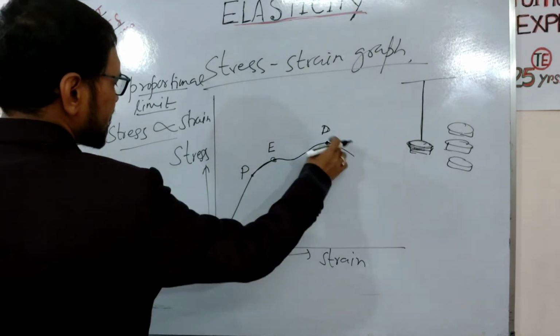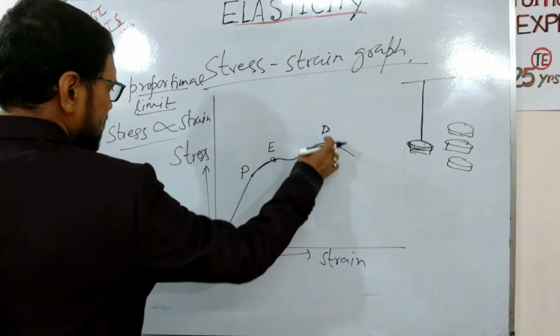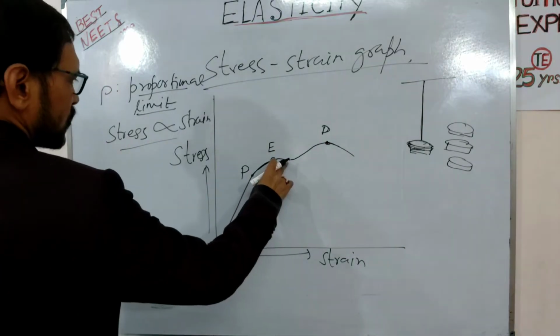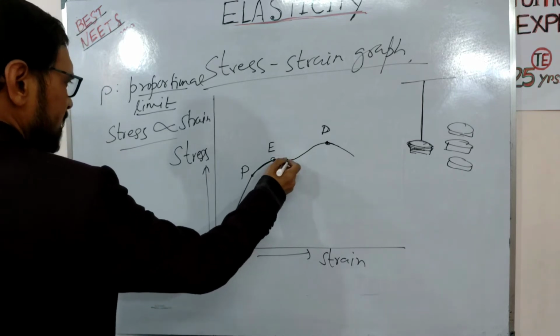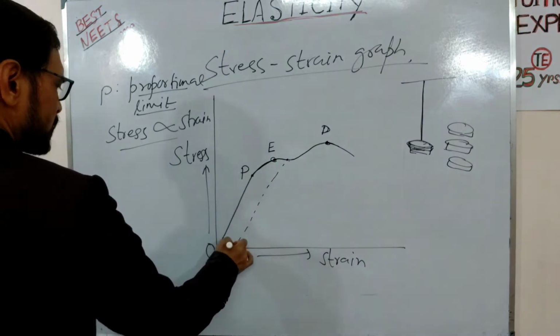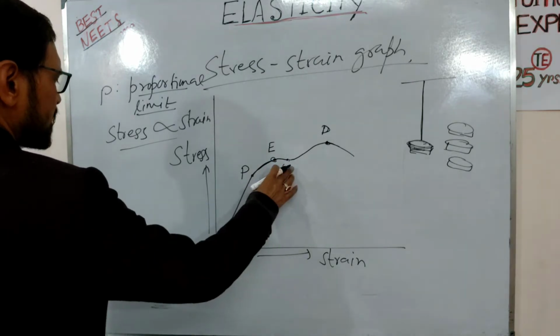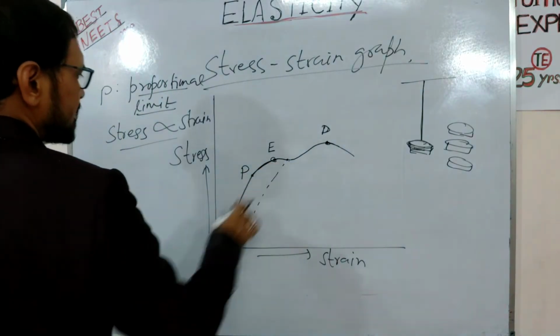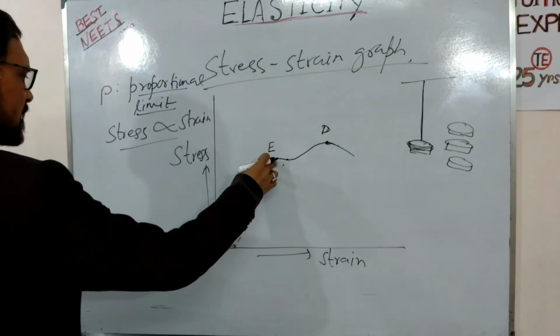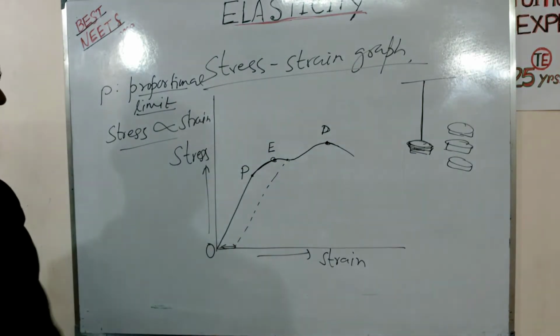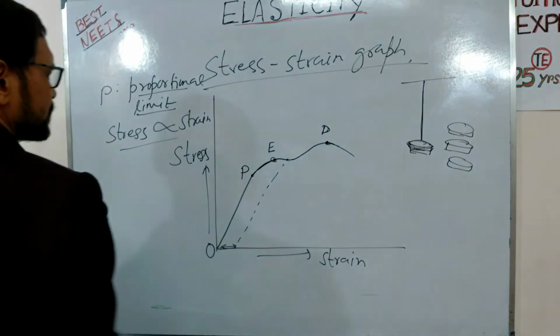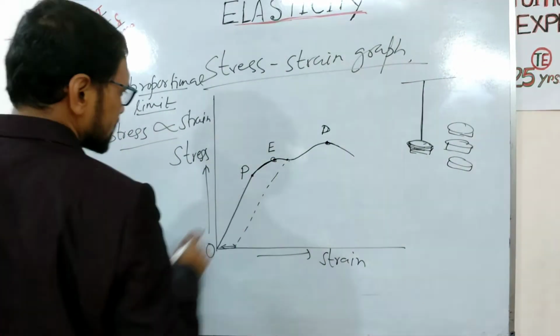After that, the body behaves like a plastic body. That is, if force is withdrawn from this point, the body has a permanent deformation. This amount of deformation occurs. So the body has a plastic property beyond E, but within E the body behaves with elastic property.